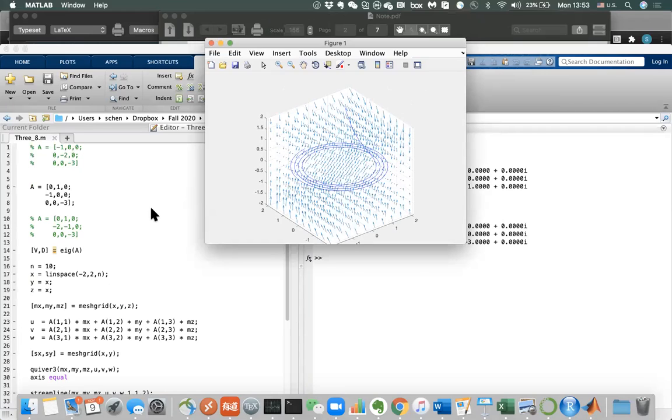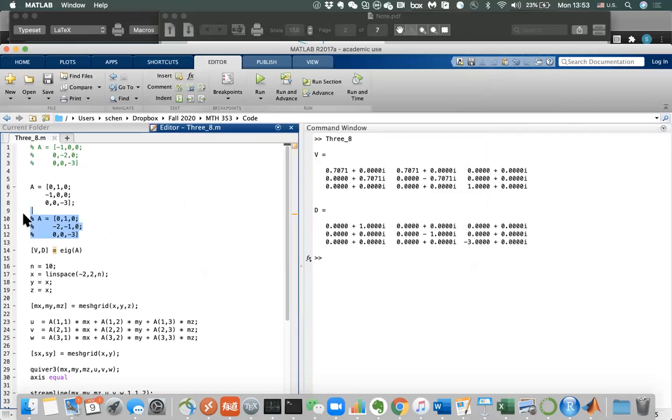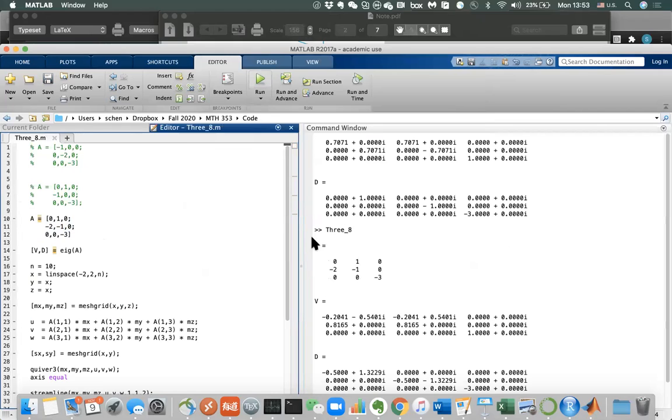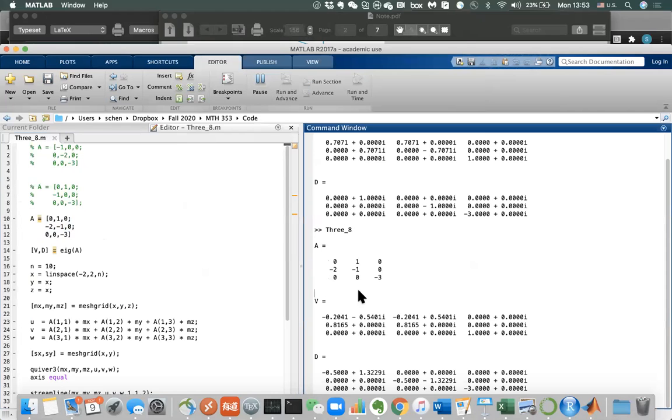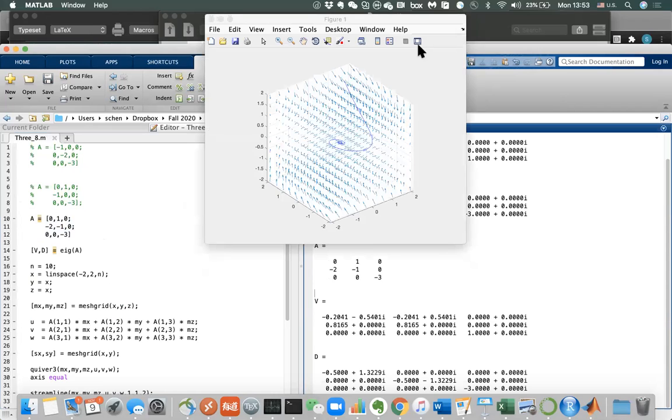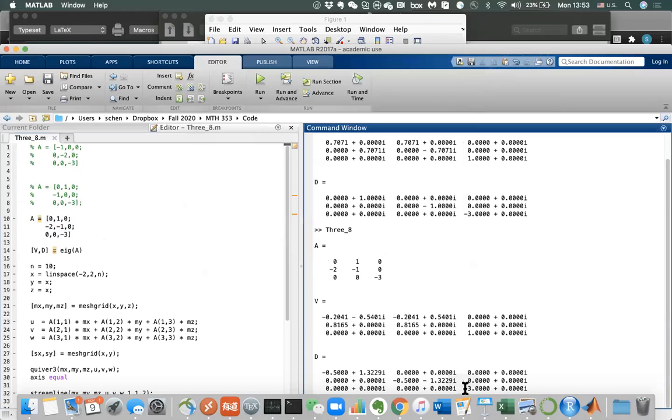Okay, similarly, the last example. This time you have something that goes down with a -3, but your two complex values give you something like this.